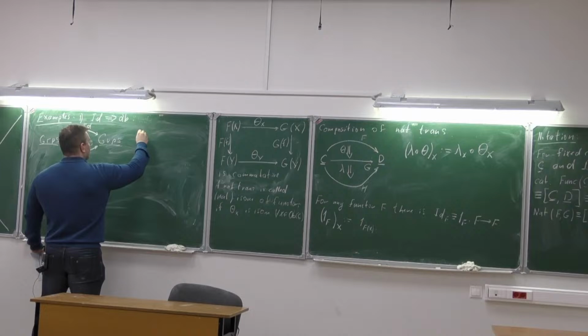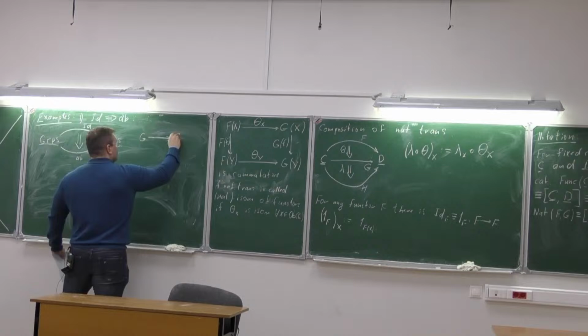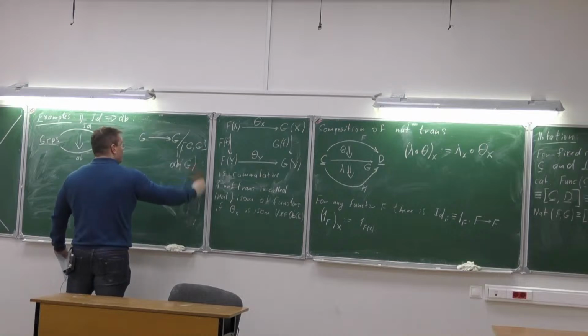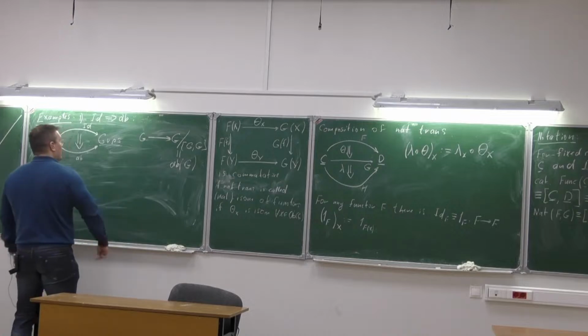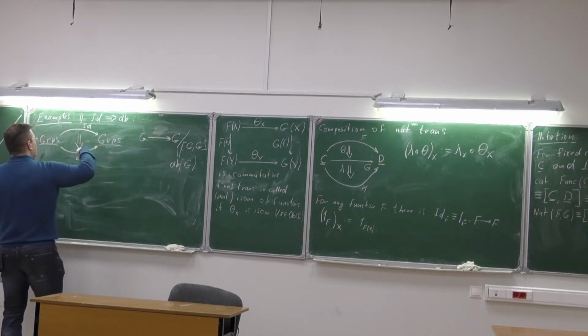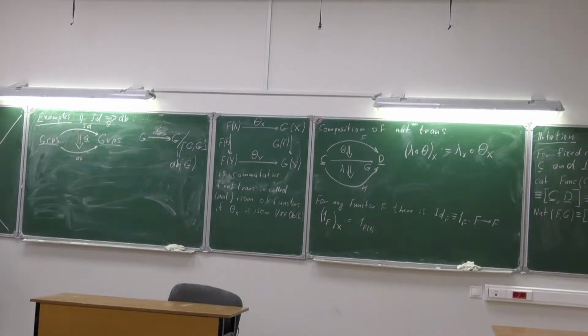It just means that from G, you always have a canonical map to its abelianization. It's not hard to check that this is natural. This arrow that I have here, you can look at this as the component notation for the natural transformation. We can call it theta, and this is theta of G. So this is one of the natural transformations.